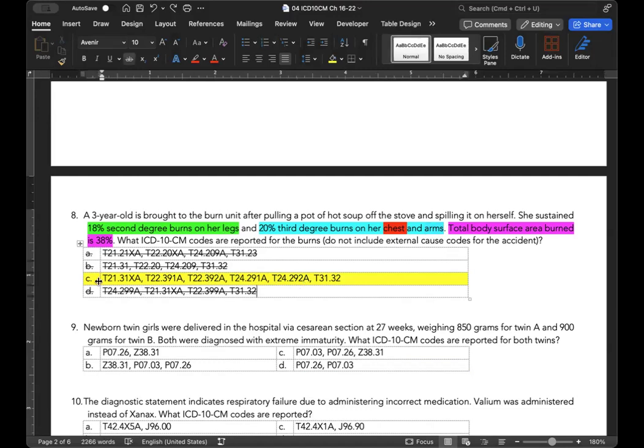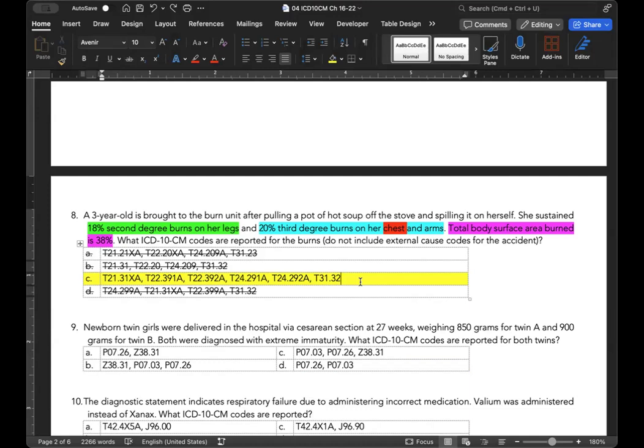Hey, Tiffany. Yes, ma'am. I have a question regarding the T31.32. If you look up the code, it says there's 2 percentages. Just for example, burns involving 30 to 39% of body surface with 20 to 29% third degree burns. So now when we look at that, the black is the 38 and the green is the 20% that says third-degree burns on her chest and arms.